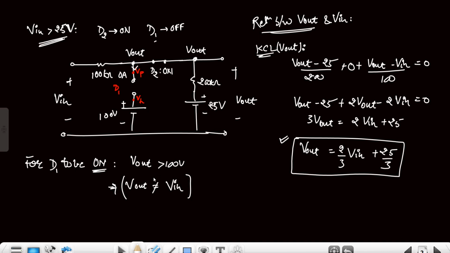So for D1 to be on, Vout should be greater than 100 volt, right? Let's write again: for D1 to be on, Vout should be greater than 100 volt, and Vout in terms of Vin is 2 by 3 Vin plus 25 by 3, that should be greater than 100 volts. This is how we find the actual range of input voltage for D1 to be on.